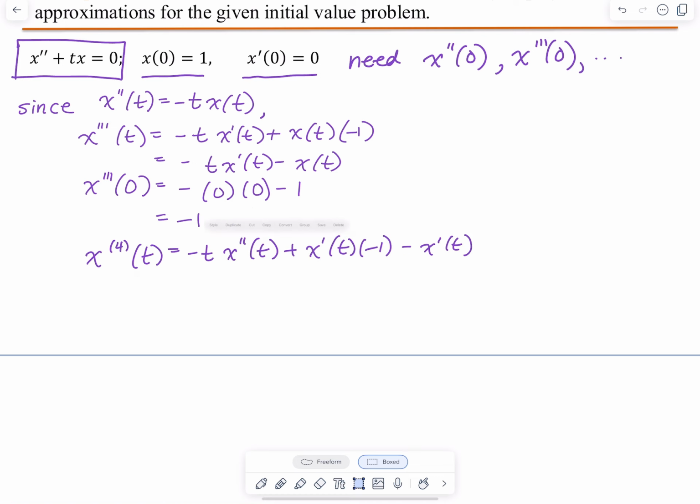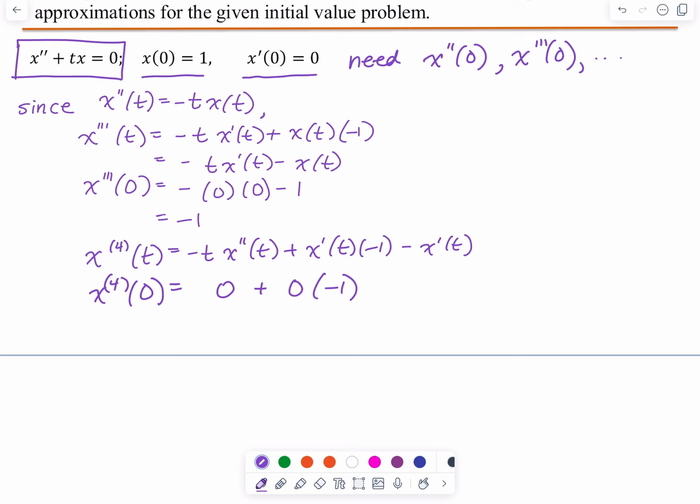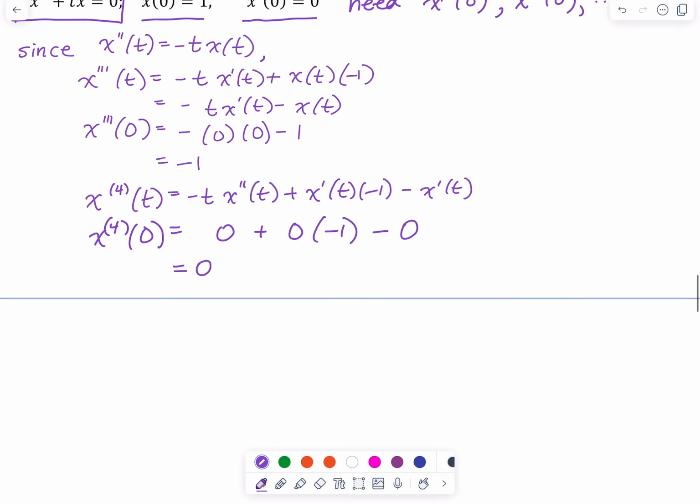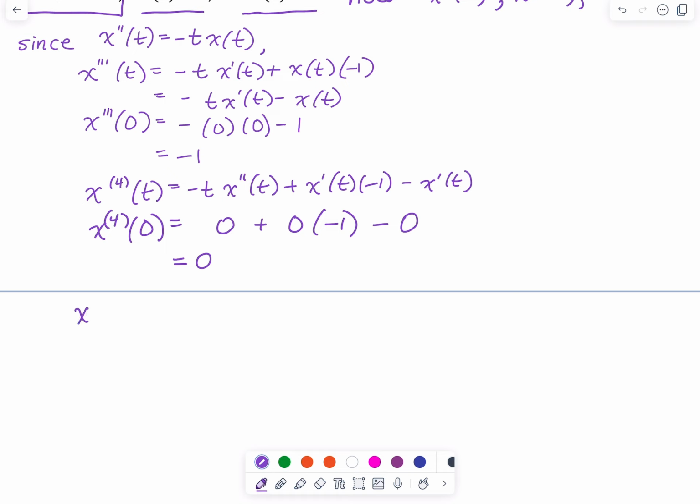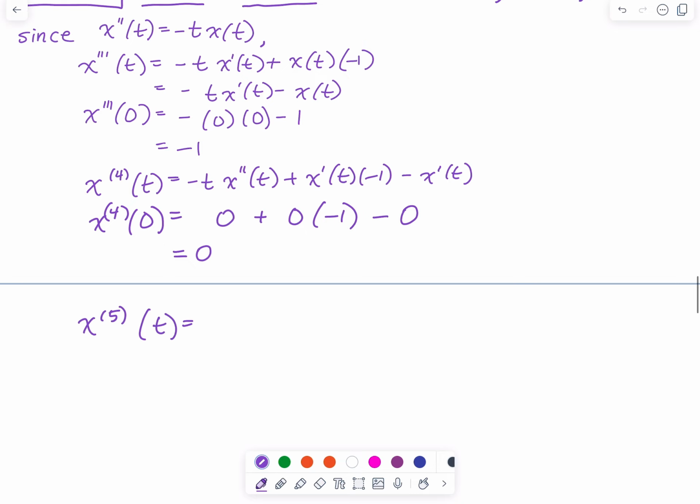And now let's find that fourth derivative evaluated at 0. So we're going to have 0 plus 0 minus 0. So we're going to have that this is equal to 0. So we are going to have to keep going. We're going to need that fifth derivative of x with respect to t.